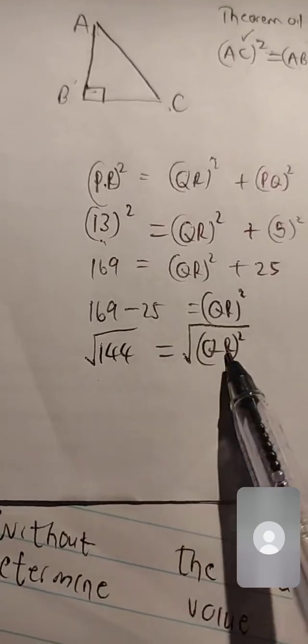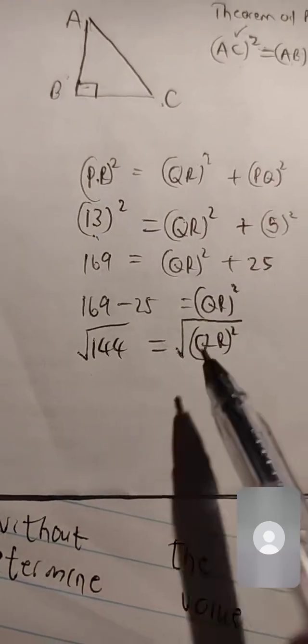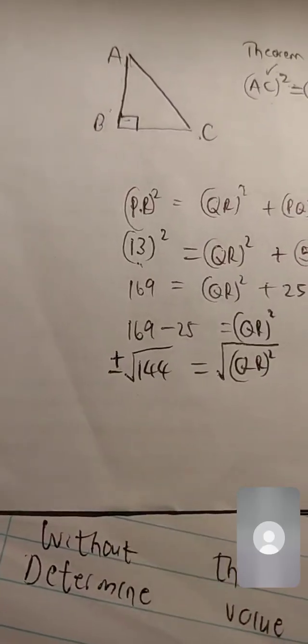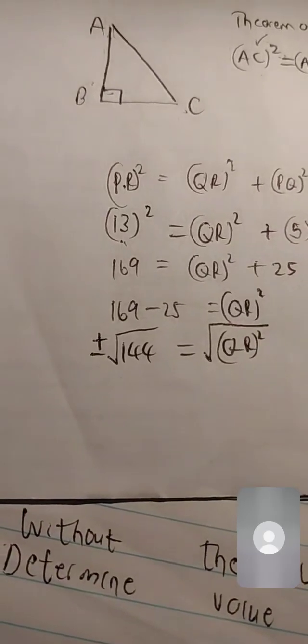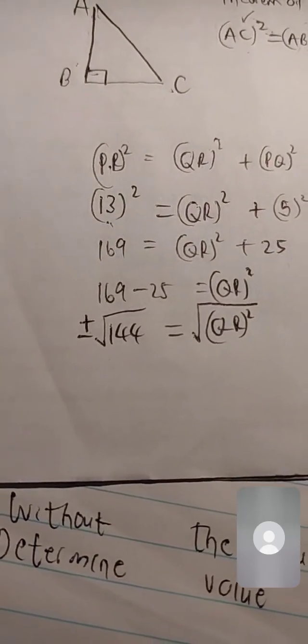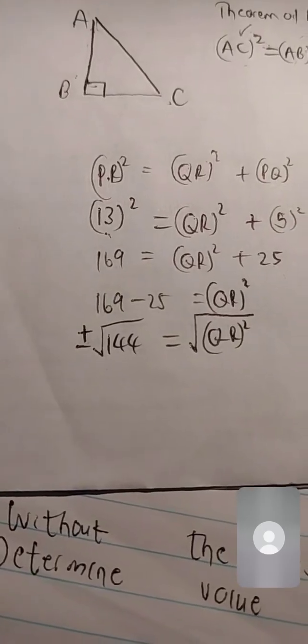But when you take the square root in an equation, you must put plus, minus for the number side, because there are 2 possible answers. Then we get plus, minus.